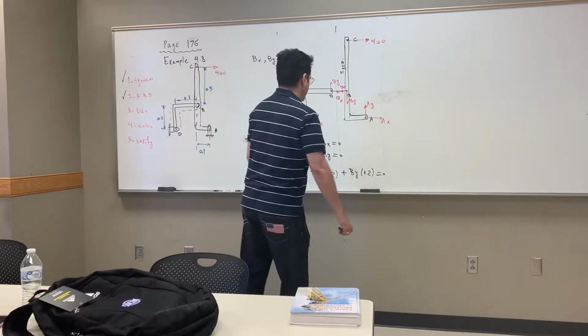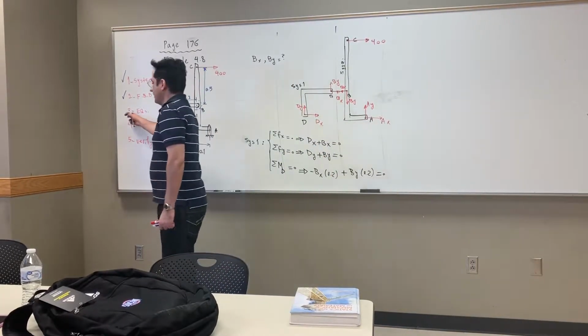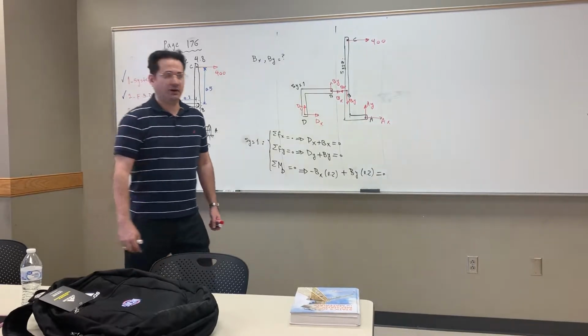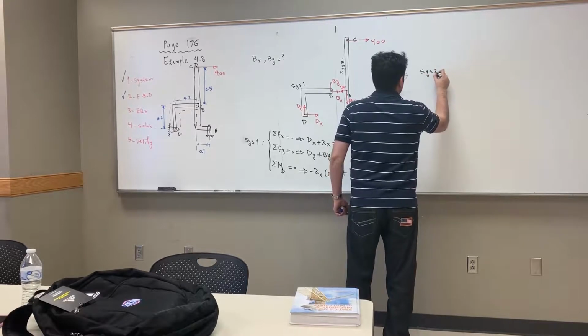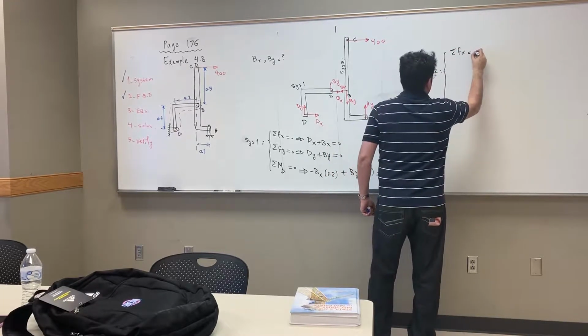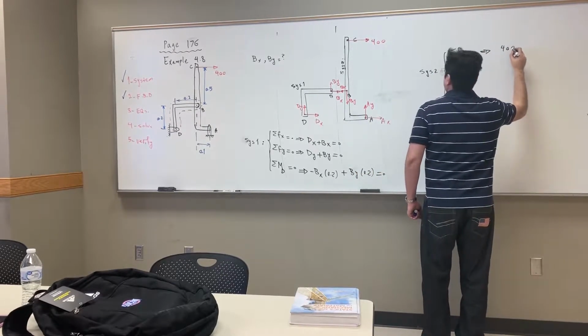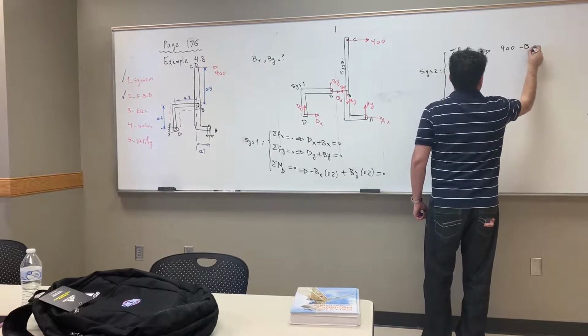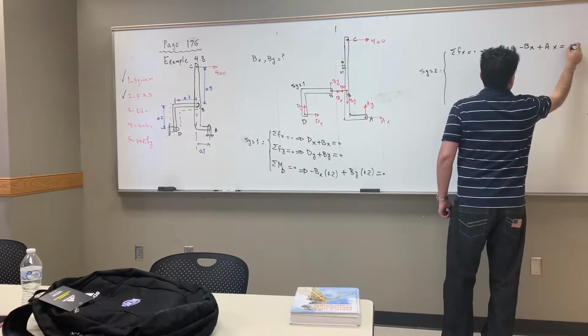Now, let's go to system 2, because we're still working on writing the equations, right? System 2. Summation of force in x is 0. That's going to give me 400 negative Bx plus Ax equals 0.